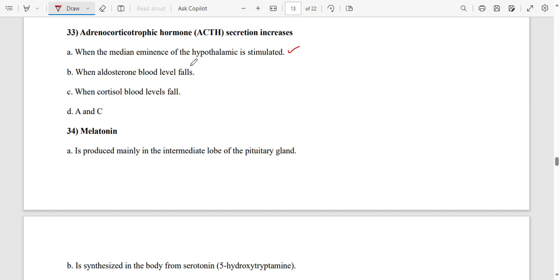Any function that you know for the ACTH? Cortisol. Okay.